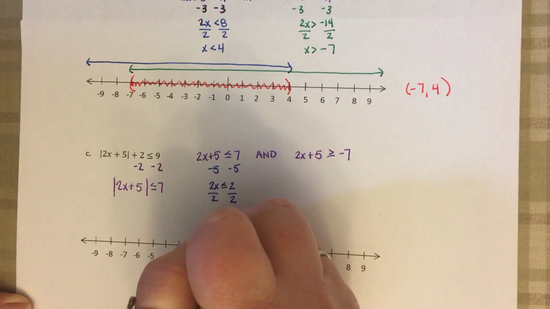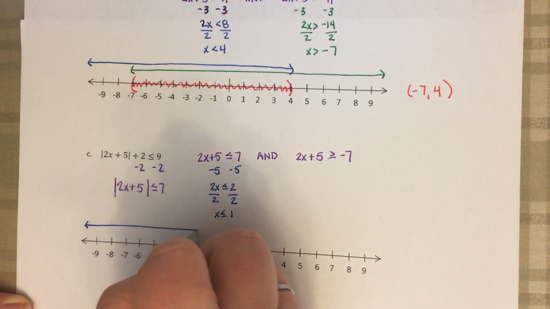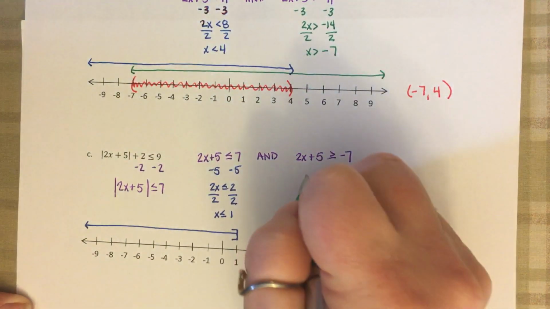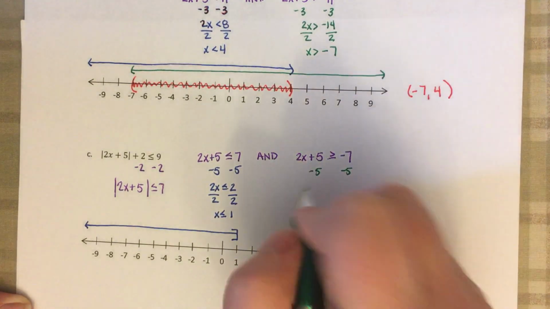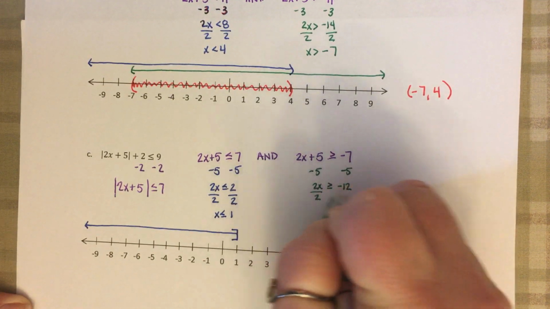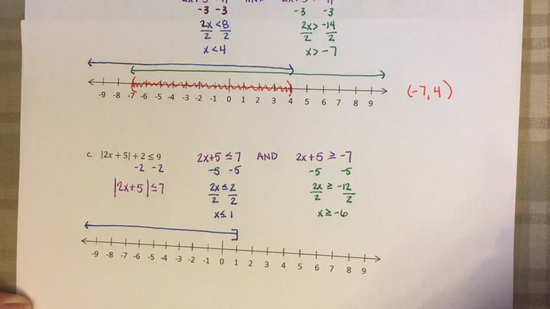Divide both sides by 2. X is less than or equal to 1. And then in our other inequality, subtract 5 from both sides. 2x is greater than or equal to negative 12. Divide both sides by 2. X is greater than or equal to negative 6.